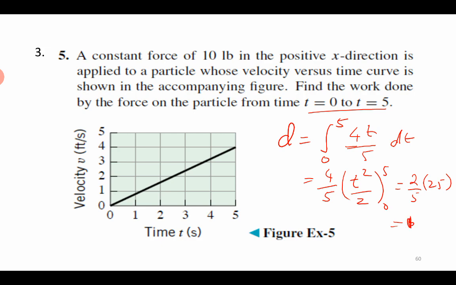This is 10 foot. Distance is 10 foot and the force is constant, which is 10 pound. Therefore work done is 10 times 10, which is 100 pound foot. That's the end of this problem.